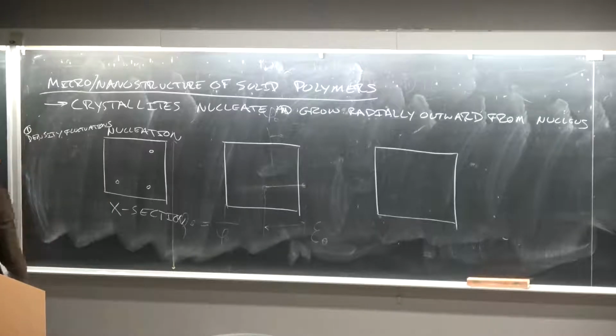The other way that you can nucleate a solid polymer is an impurity, which can trigger the solidification around it.